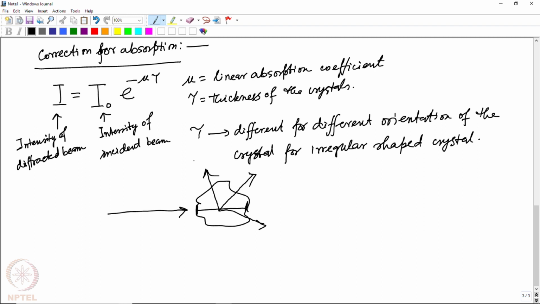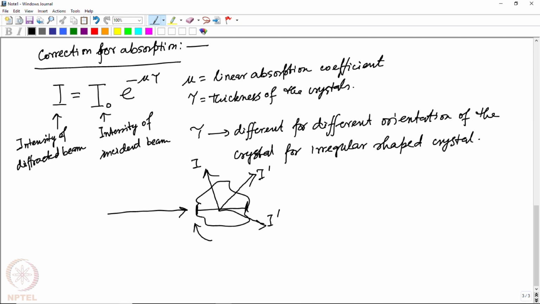As a result, the diffracted beam intensity suffers different absorption in different directions, and then during the data collection the crystal is moved about its axis. So, about phi it is moved. As a result, the shape with respect to which the beam is passing through is different.